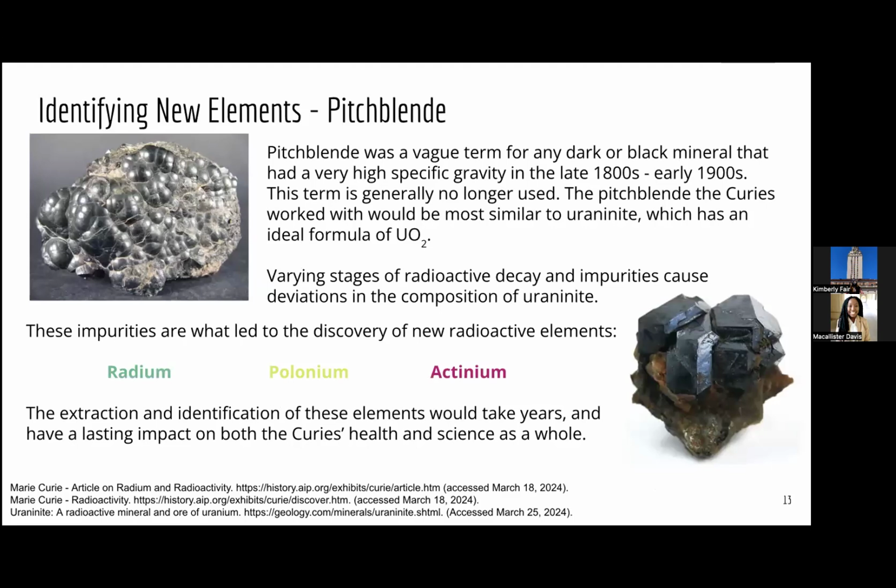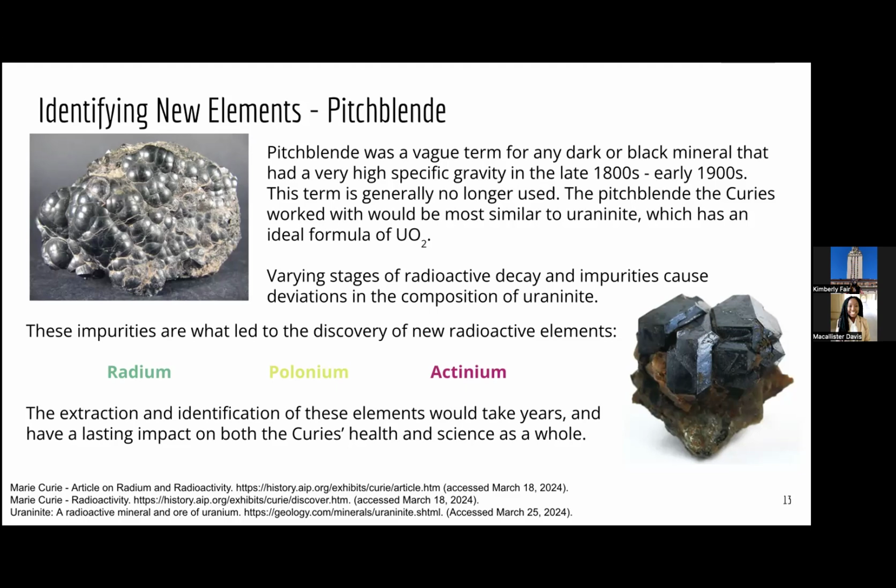Now, a really key substance that was very important to this work was pitchblende. And pitchblende was a vague term for any darker black mineral that had a very high specific gravity in the late 1800s to early 1900s. This term is generally no longer used. And the pitchblende the Curies worked with would be most similar to uraninite, which has an ideal formula of UO2.